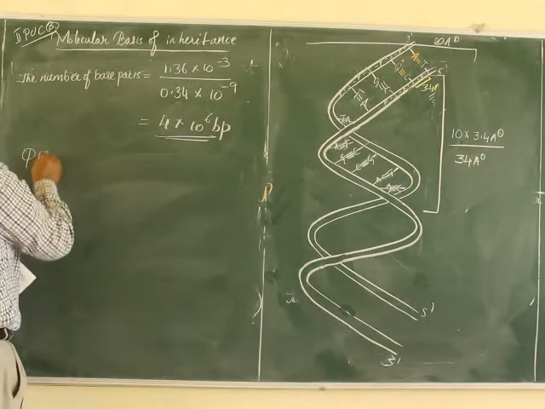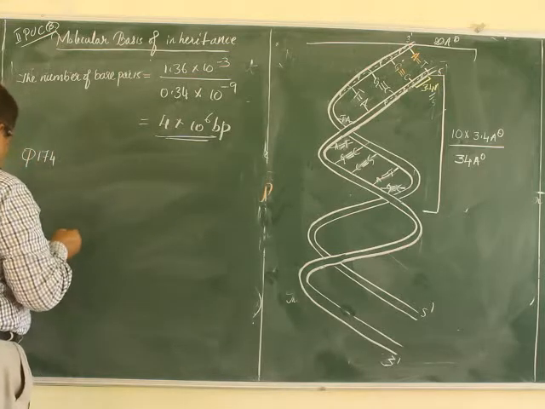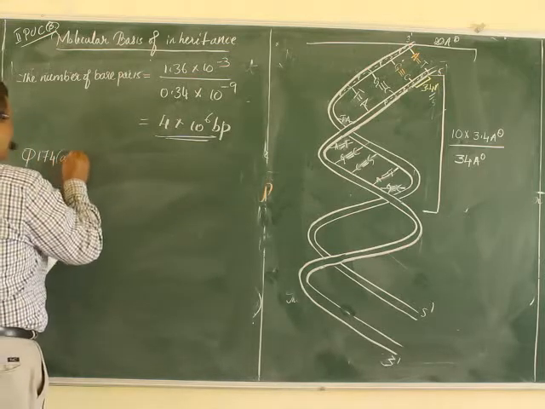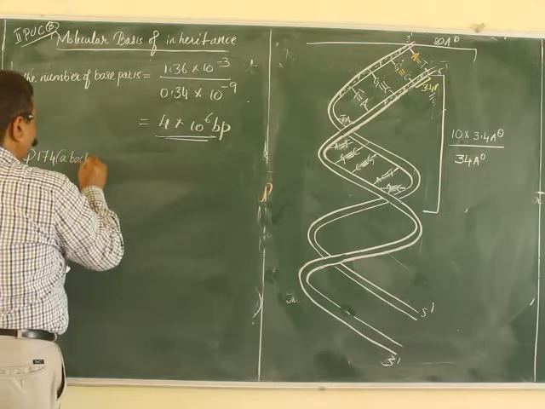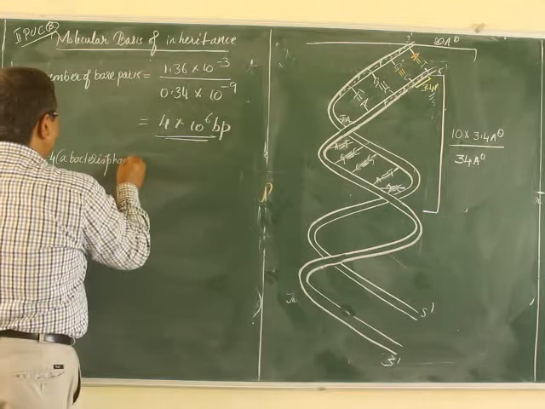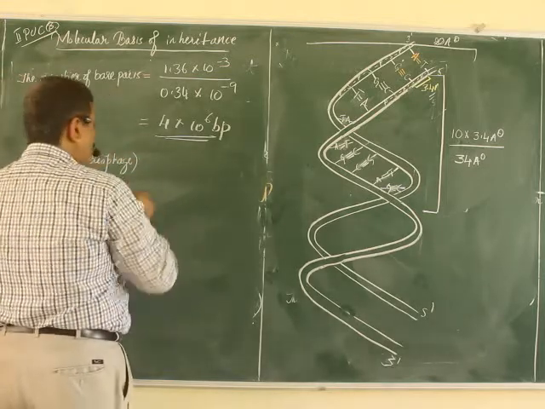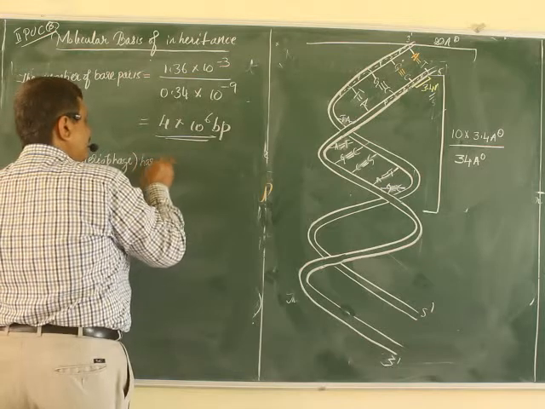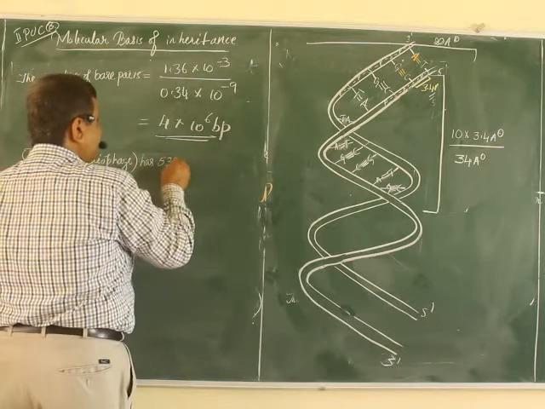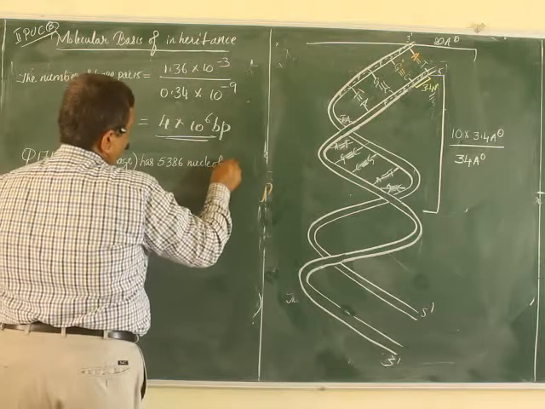Psi 174 is a bacteriophage, means a virus. It has 5386 nucleotides.